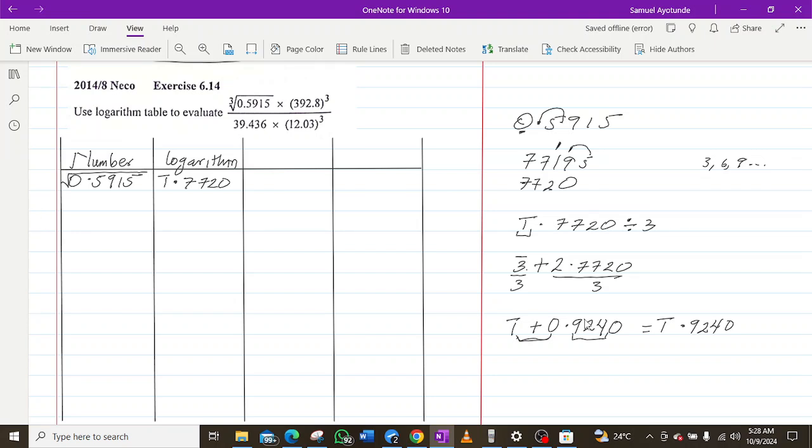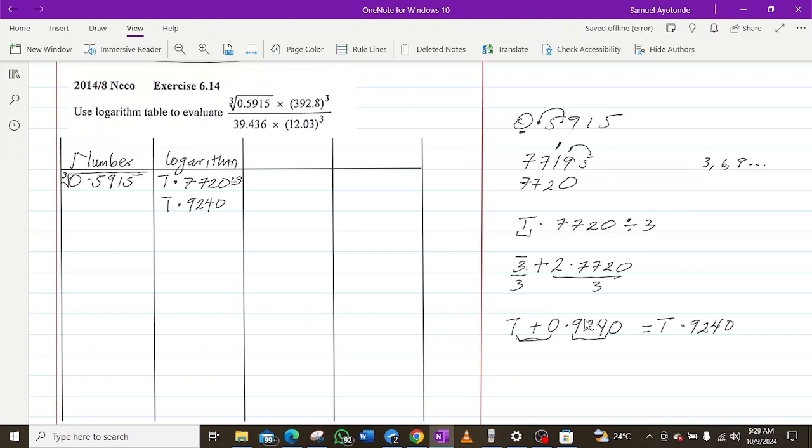So we need to write 3 there. The division by 3 is equal to 1 bar 0.9240.